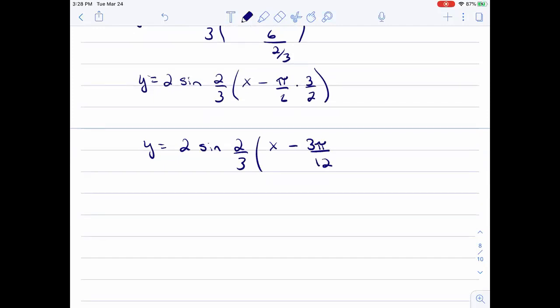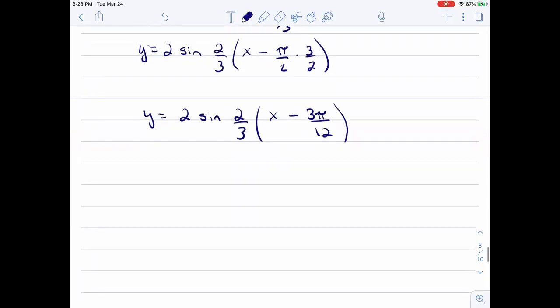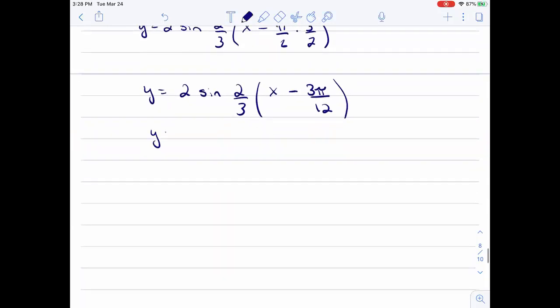I'm going to simplify a little bit here: 3 over 12, I can rewrite as 1 over 4. So I get y is 2 sine 2 over 3 x minus pi over 4.